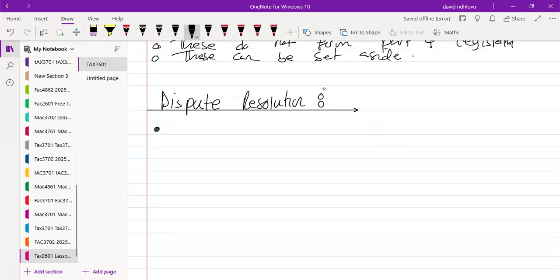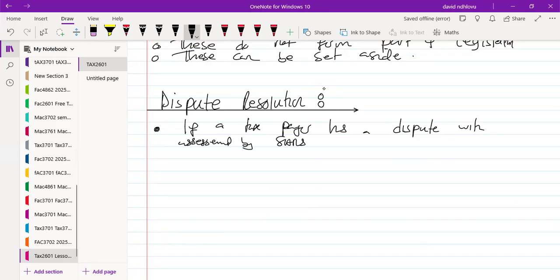Number one, if a taxpayer is in dispute with an assessment provided by SARS, the taxpayer can then lodge what is called an objection, and an appeal after.